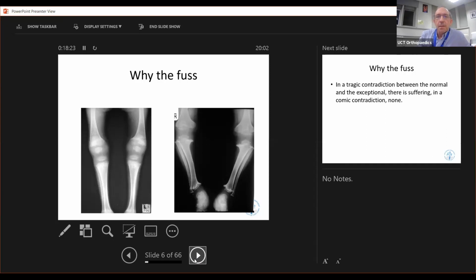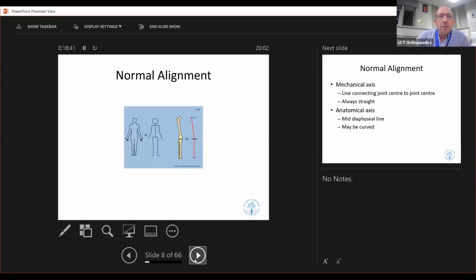But if you look at the right-hand side X-ray, obviously there's now a deformity that's occurring in at least two places, proximal and distal tibias. And if we're going to resolve all of this, we're going to need a little bit more in-depth identification of what we're doing.